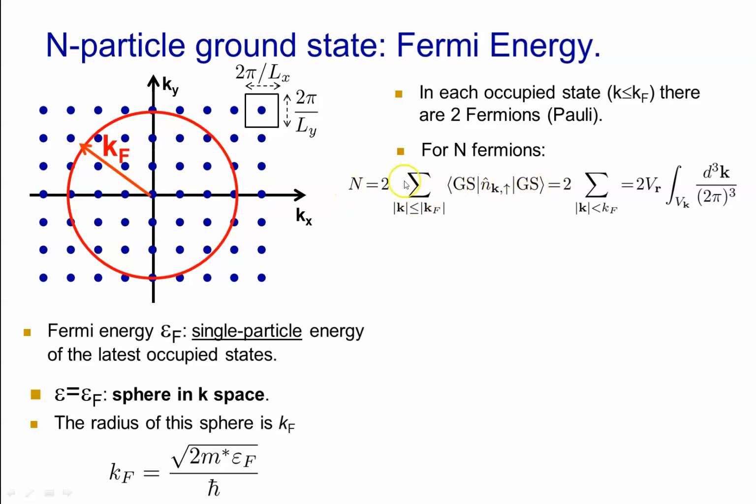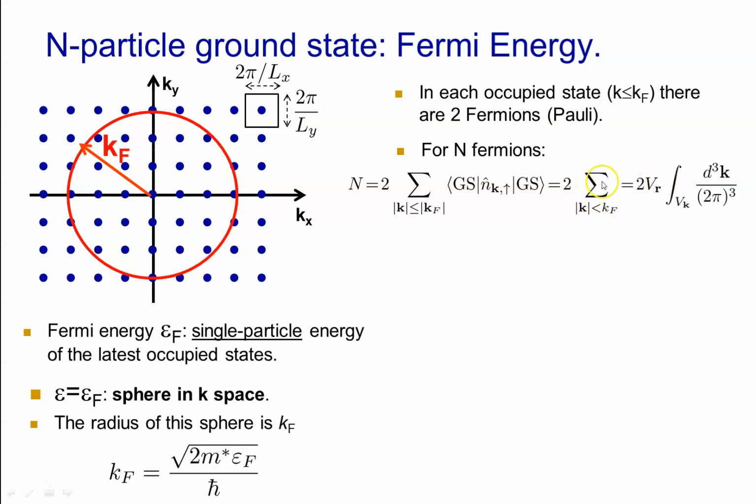So I want to do this sum. And here's the trick that we did, where we can replace the sum by an integral. By definition, if these states are occupied, then n k up is 1 in the ground state. So this is just the sum over k up to kF.